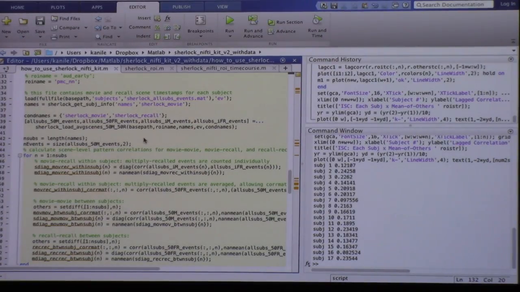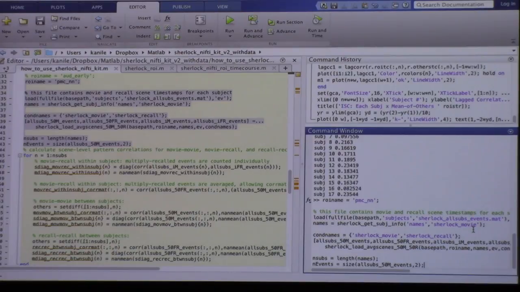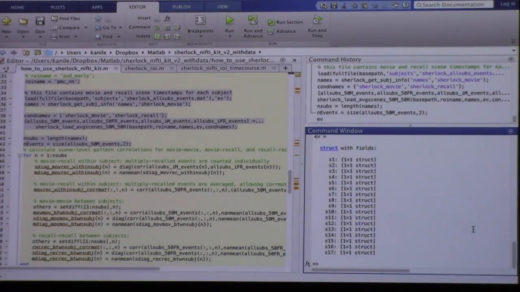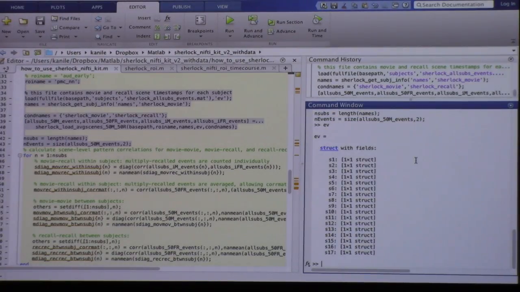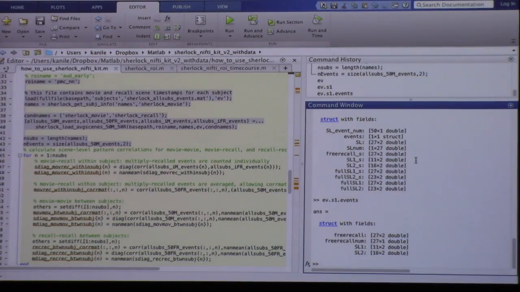So let's just do this part of it. This struct has the times for every subject. If you look in here, as I said, the movie is actually split originally into two pieces, so those are separated here.